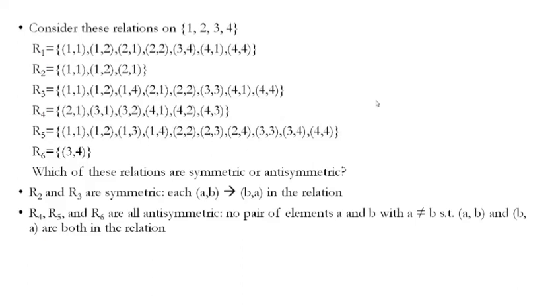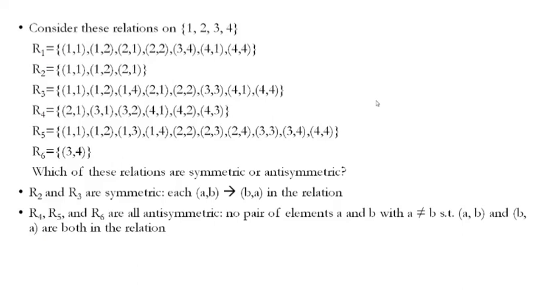Next is 3 comma 2. Do you find 2 comma 3 there? Do you find 4 comma 1? Do you find 1 comma 4? No. 4 comma 2. Do you find 2 comma 4? 4 comma 3. Do you find 3 comma 4? No. So it is antisymmetric.